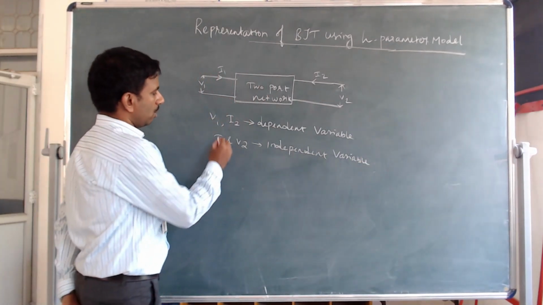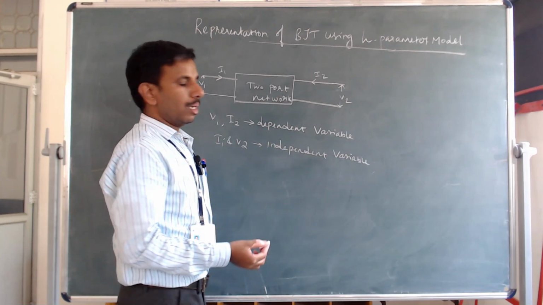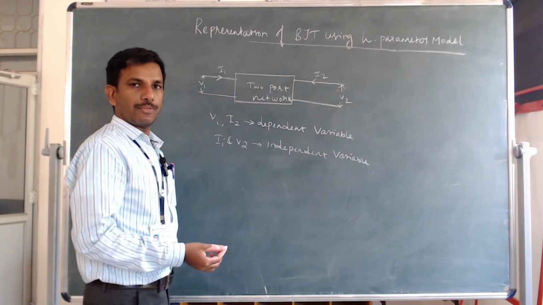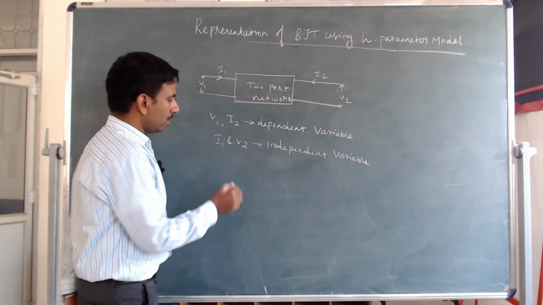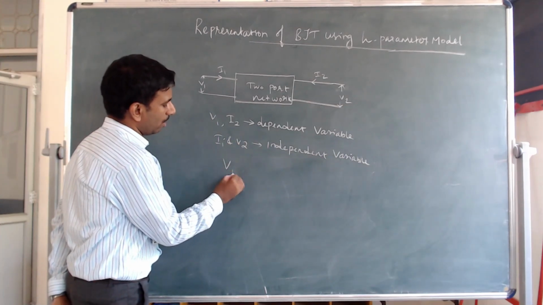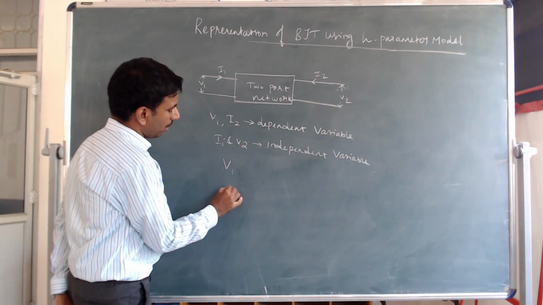Here we have to write the H parameter equations for the dependent variables as a function of the independent variables. There are two dependent variables. The first one is V1, the input voltage, and the next one is I2, the output current.